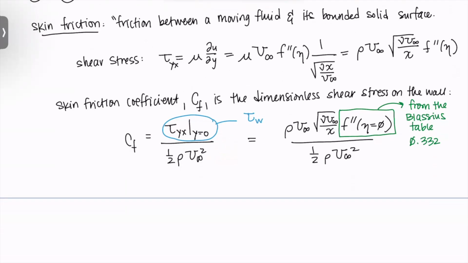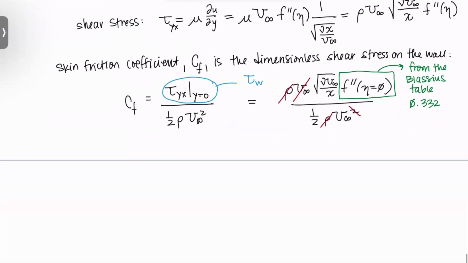Okay, and then we can also say, look, we have a u infinity divided by u infinity squared, which is just 1 over u infinity. We have a density on the top and the bottom. And what we have left over is going to look like a Reynolds number.